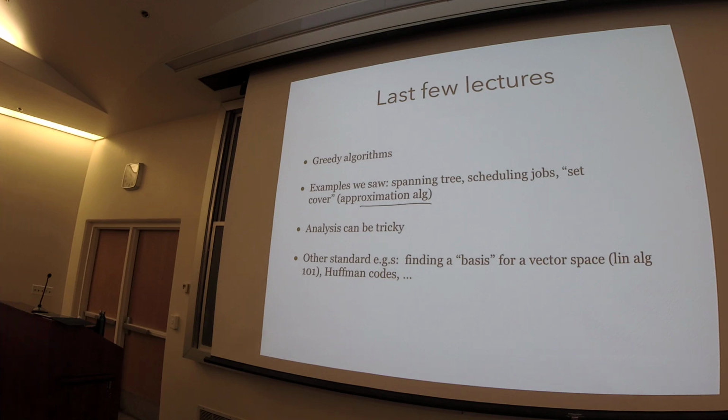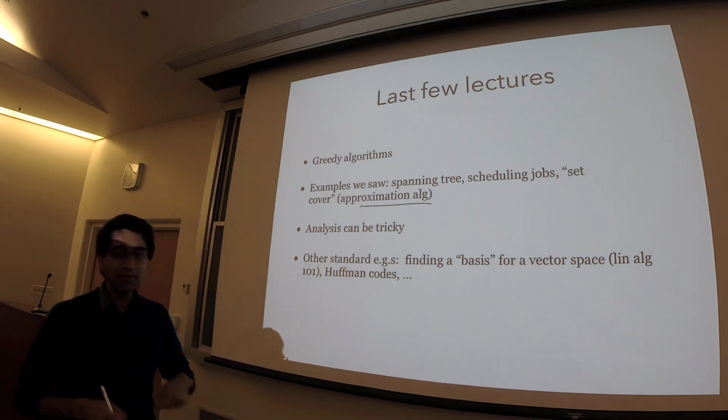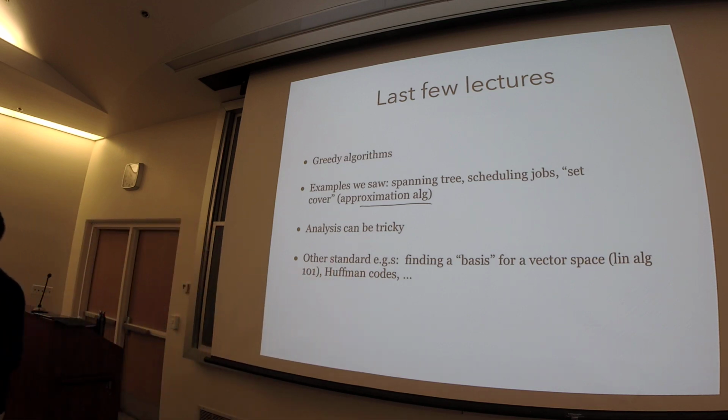So the problem is: I give you a bunch of vectors, find the largest subset so that no vector in that subset can be expressed as a linear combination of the others. It's like a greedy selection process. A simple greedy algorithm where you just keep adding vectors one by one, as long as they are not expressible as combinations of the others, turns out to work.